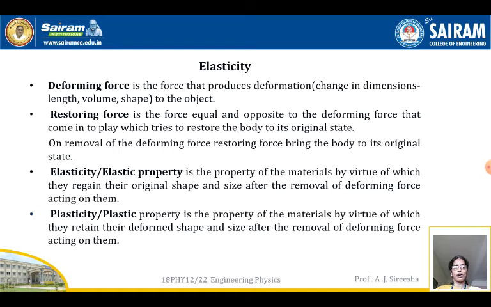That property is called plasticity. Both are opposite to each other. Elasticity comes back to the original position. In plasticity, it will be in the position to which it has been deformed. So these two are totally opposite in nature. Now we understood what is elasticity and what is plasticity.